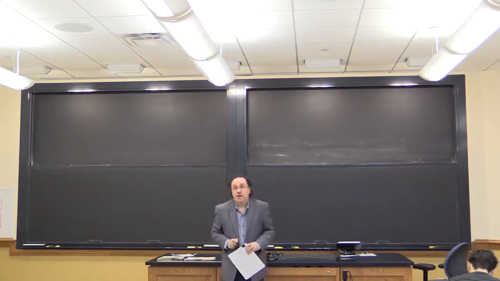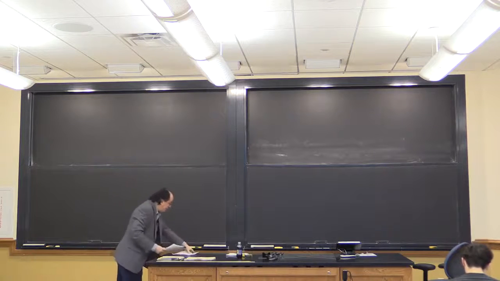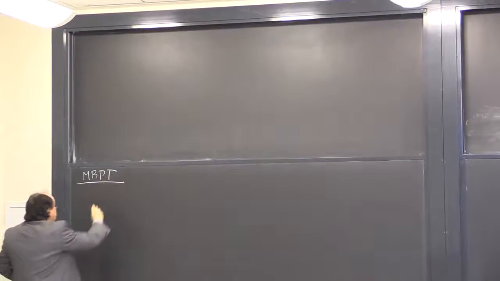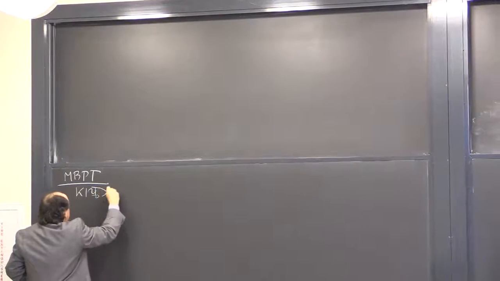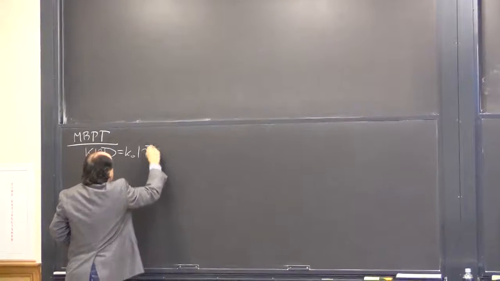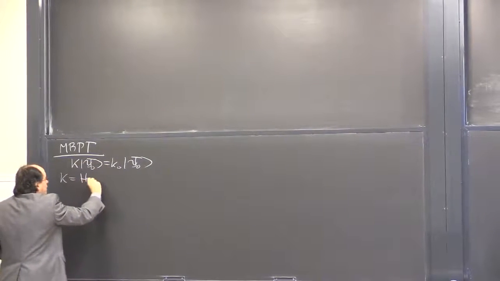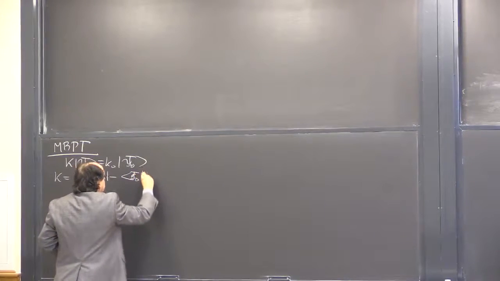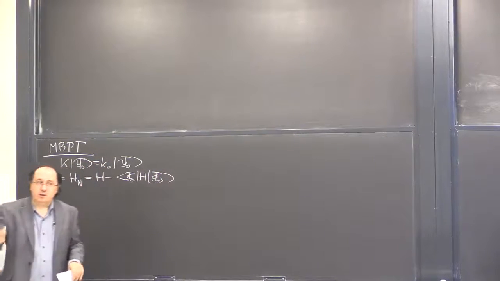Okay, so let's right away proceed toward our discussion of MBPT. We are interested in solving the eigenvalue problem, K psi naught equals kappa naught psi naught, where in our case K is the Hamiltonian in the normal ordered form, so it is H minus the expectation value of it in the state phi0, which is an independent particle model state.